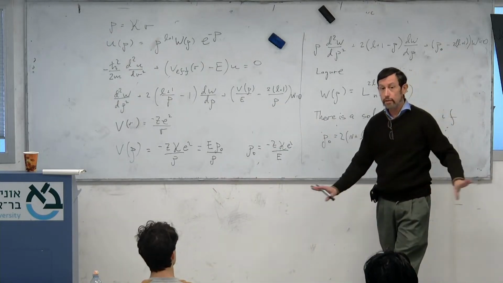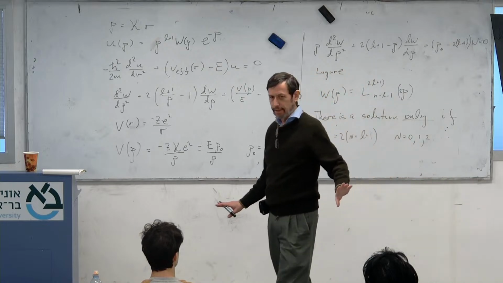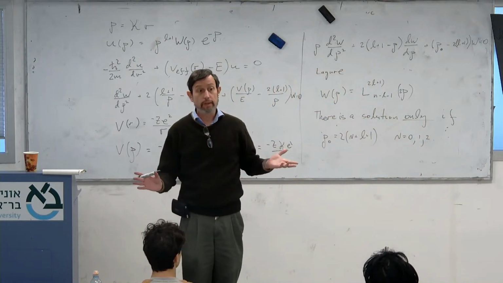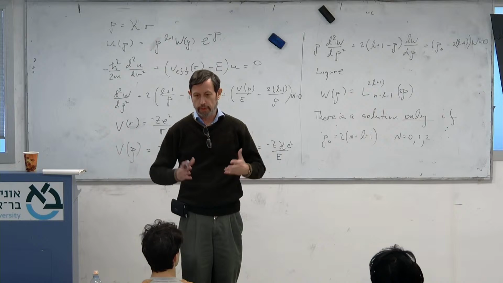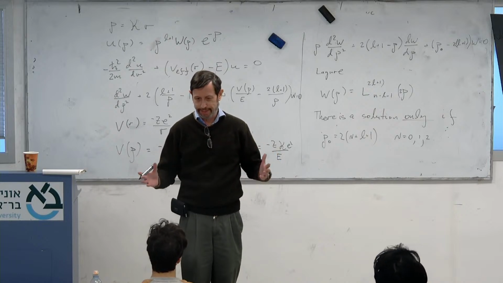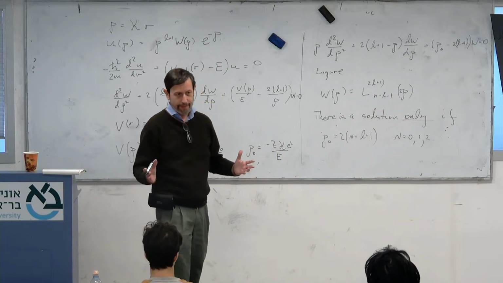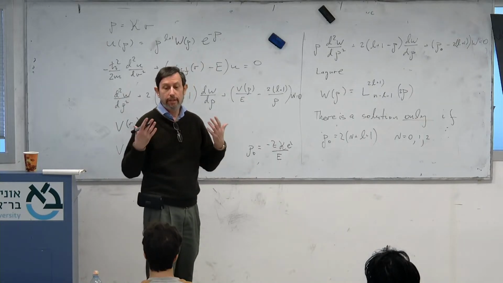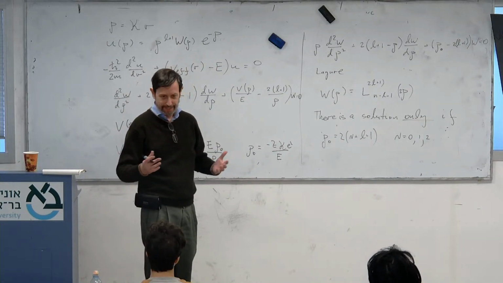If not, there's no solution. What does it mean? We got quantization, as usual from the Schrödinger equation for bounded state. Not every energy can fulfill solution.